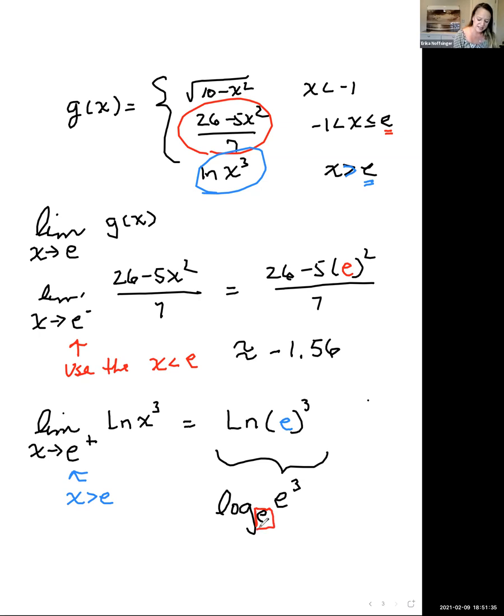What would we raise e to, to get back e cubed? So this is saying e to what value equals e cubed? Well, I know if I cube e, I would get back e cubed. So that exponent has to be a 3, and so this is equal to 3.